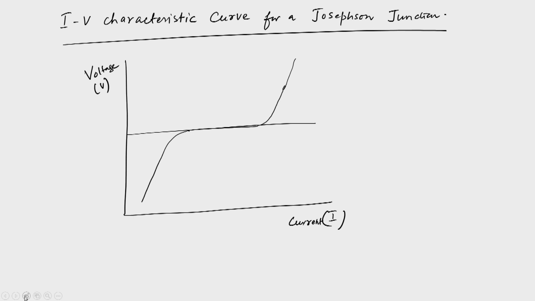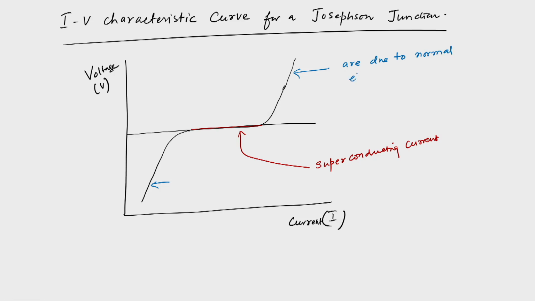So, this is the superconducting current. So, let us just shade it with a different color. So, this is the Josephson current or the superconducting current. Whereas this and as well this are due to normal electron tunneling.